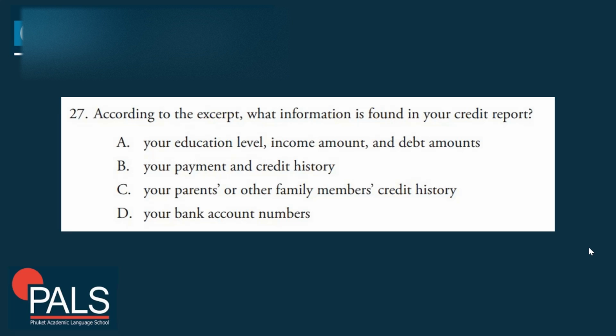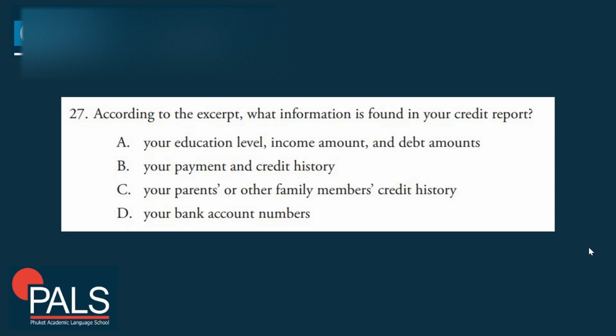Okay, so which answer did you choose? The correct answer for 27 is B, your payment and credit history. Since the United States has pretty strict privacy laws, your education level, income amount, and debt amounts, income amount would not be something that you would want shared with others, like your employers.